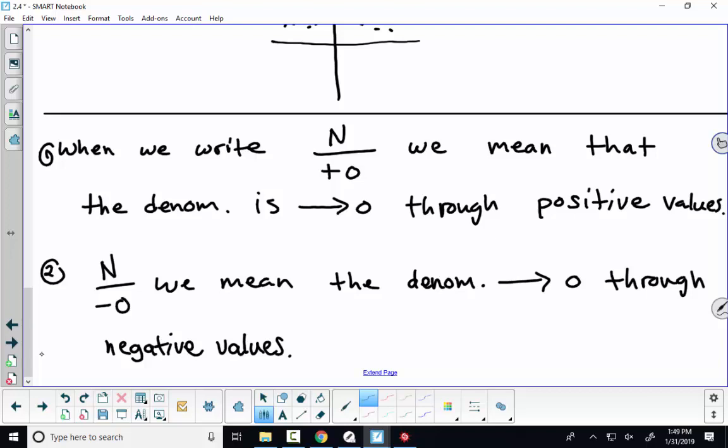And when we write some number over minus 0 in the sense of a limit, the numerator is approaching n, and the denominator is approaching 0 through negative values. That's what we mean in this section when we write that. Anytime we write something divided by something like this in the context of a limit, that's what it always means. The top is approaching this, and the bottom is approaching this.